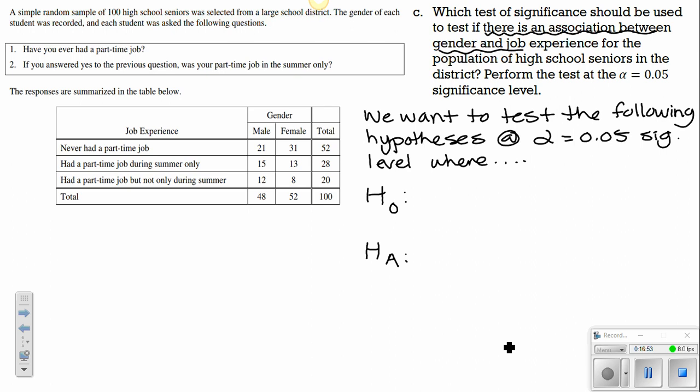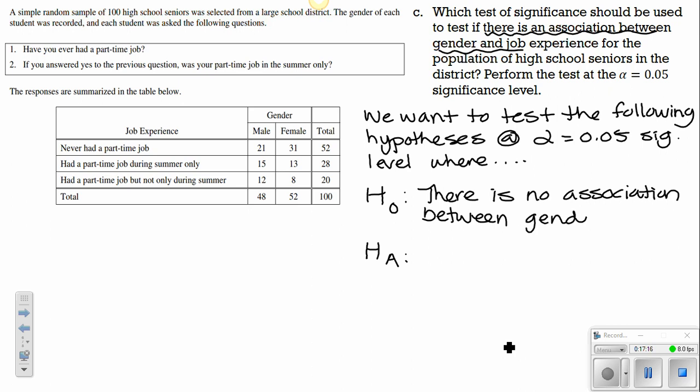If you recall from the notes earlier, the H0, the null, is that there is no association. So we're going to say there is no association between, and I'm going to go back to the phrasing up top, gender and job experience.